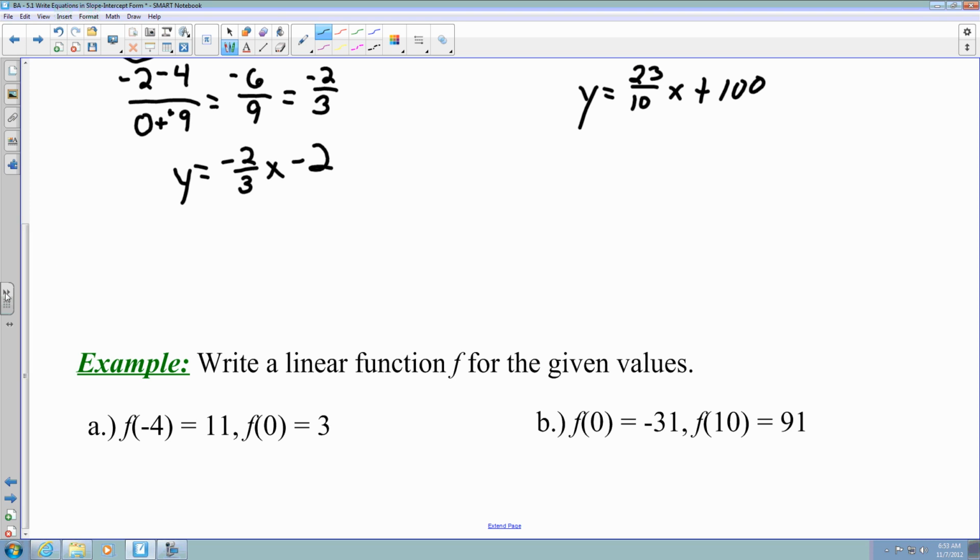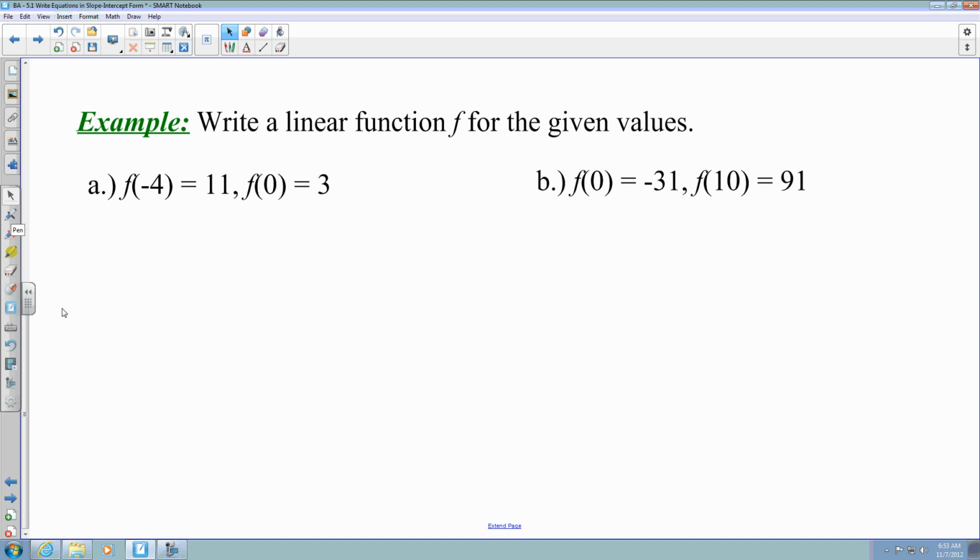Let's see. This one, I need some room there. Okay. Now it says write a linear function f for the given values. Now you see you're given where f of negative 4 equals 11 and f of 0 equals 3.